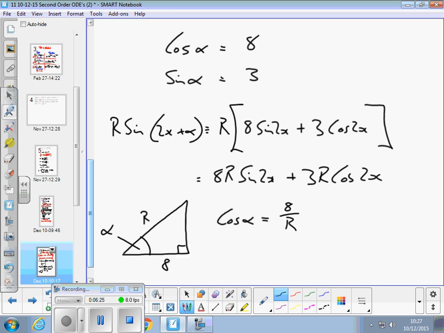And we know that the sine of alpha is the opposite, 3 over r. So we know that's 3 and that's r, because we know that the sine of alpha is 3 and the cos of alpha is 8. And r will be the length of this hypotenuse.